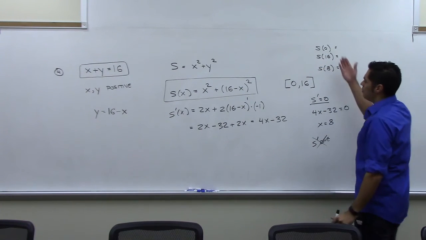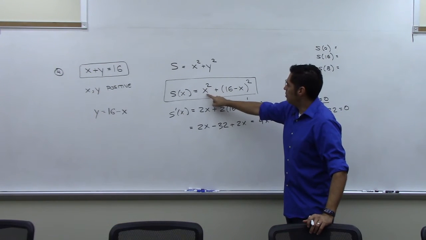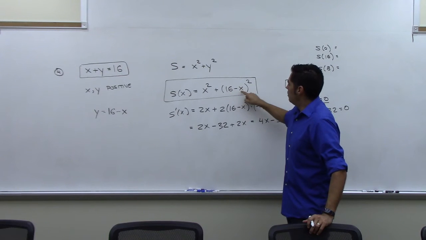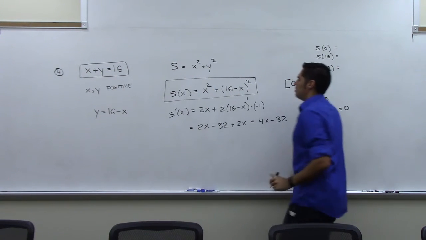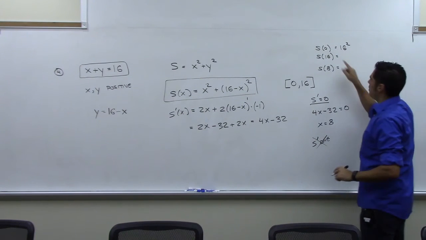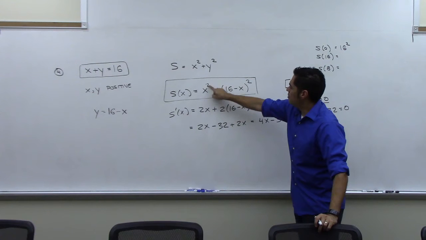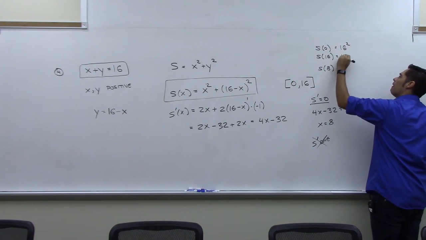And when I plug in 0 into the original function, let's see what I get. 0 here and 0 here. So if I do 0 there and 0 there, I'm going to get 16 squared. If I do 16 in here, 16 squared, and then 16 minus 16 is 0, I get 16 squared again.